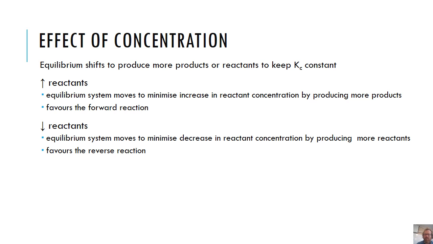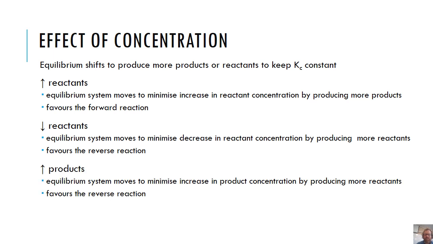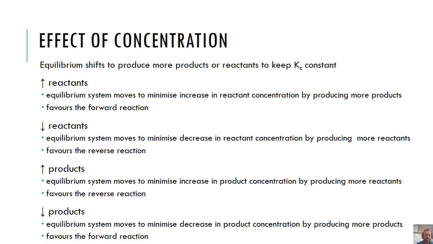This favors the reverse reaction. An increase in products will favor the reverse reaction to produce more reactants, whereas a decrease in products, as in the example just seen, will shift towards the product side, favoring the forward reaction.